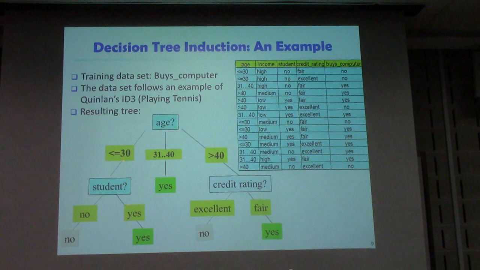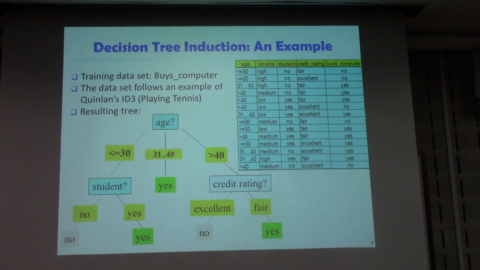However, even though they are young, if they are not a student, they do not buy a computer. And what about 31 through 40? Regardless of income, student status or credit rating, people 30 to 40 years old will buy the computer. I don't know why, but anyway.